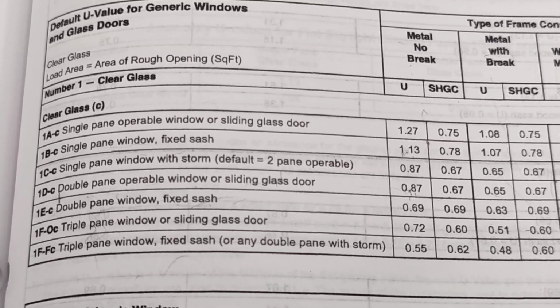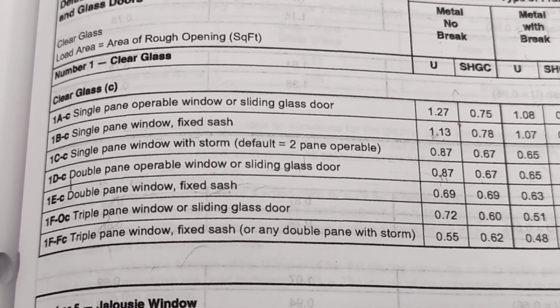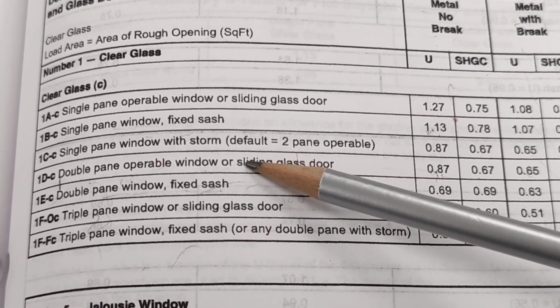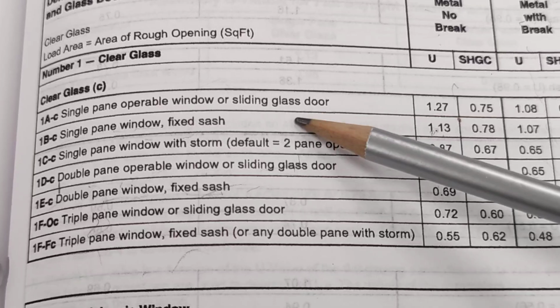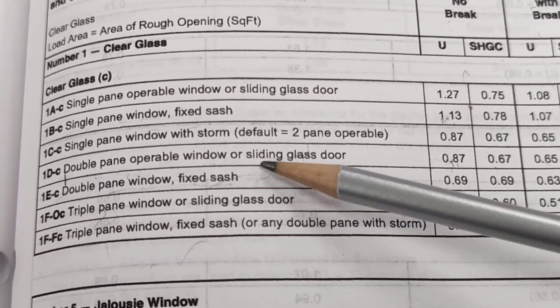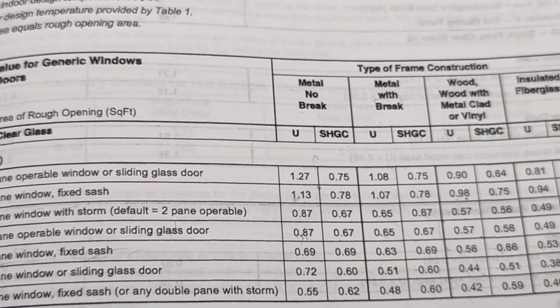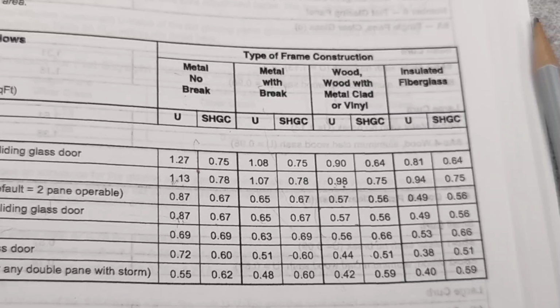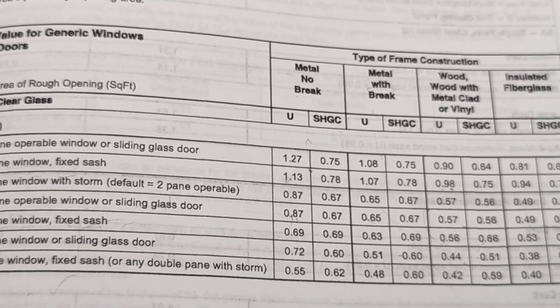Let's go with a single pane clear glass. What is the U value? Use your 2A chart: single pane, clear glass window. It's just going to say clear glass. 1.67.